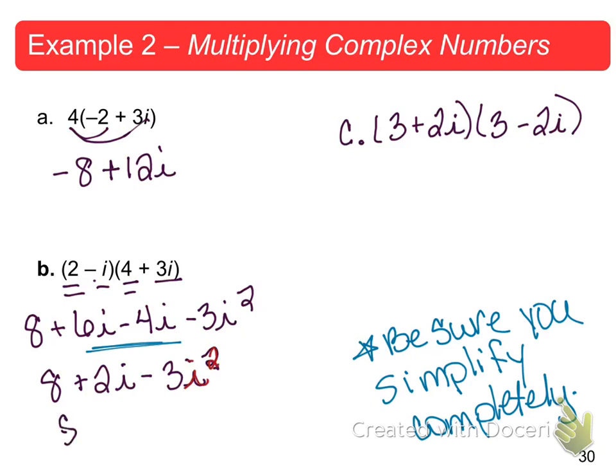So we get 8 plus 2i minus 3 times negative 1. What is negative 3 times negative 1? 3. So I have 8 plus 2i plus 3. And can I add the 8 and the 3 together? Yes. That is what students forget to do.